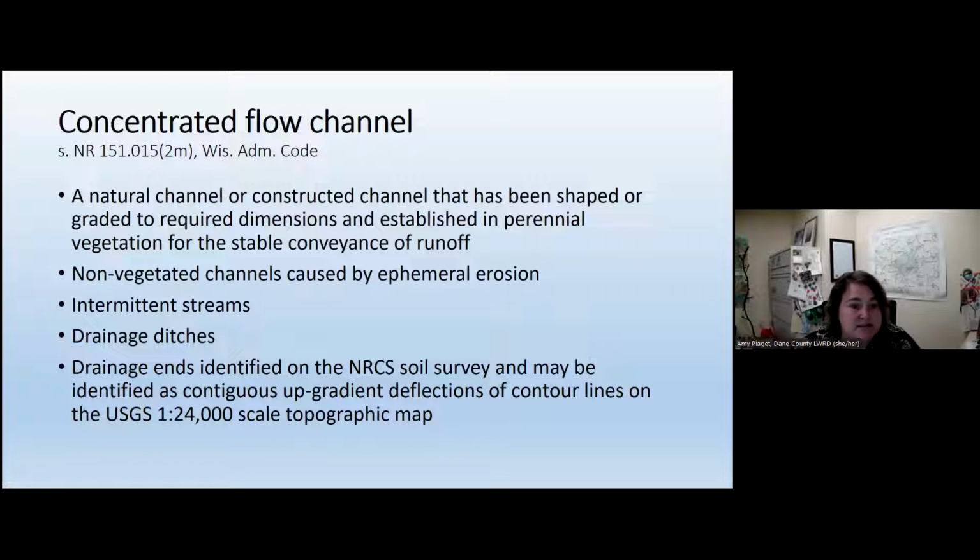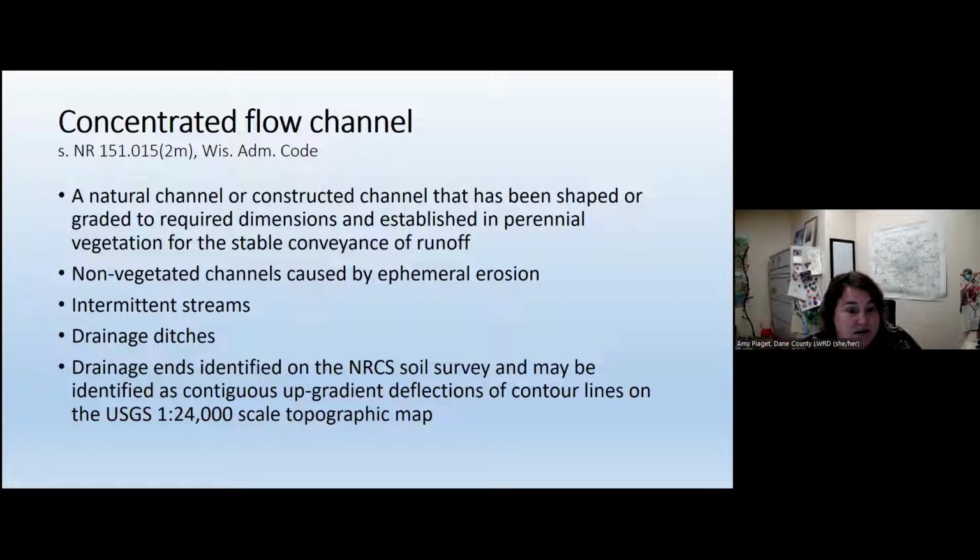But a concentrated flow channel is some type of natural channel or a constructed channel that's shaped and graded with dimensions with perennial vegetation. So that's a good example of grass waterways that we install on the landscape and in fields. It can also be a non-vegetated channel that's caused by ephemeral erosion.